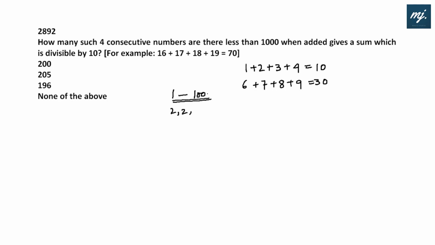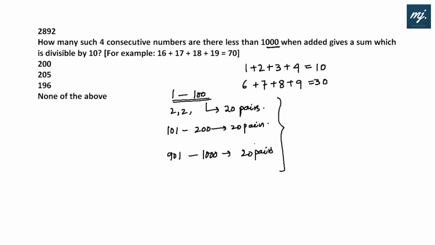That means between 1 to 100 we have got 2 into 10, that is 20 sets. Similarly, from 101 to 200, again we will have 20 such sets. And we need to go till 1000 only. That means from 901 to 1000, again we will have 20 such sets.